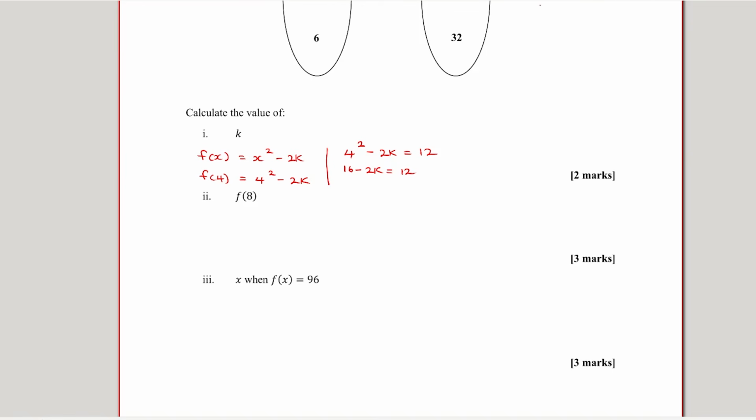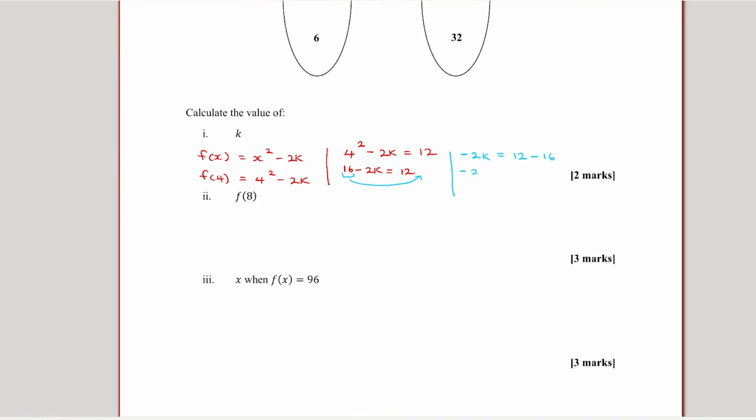So let's transpose. We're going to bring across the 16 over on that side. So what we have now is minus 2k, that's what's left on the left hand side, is equal to 12 minus 16.